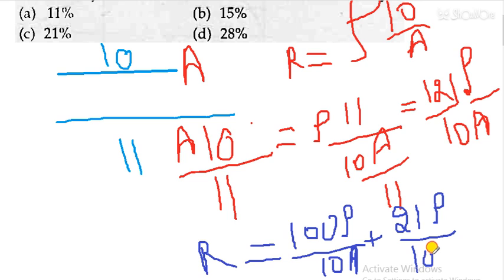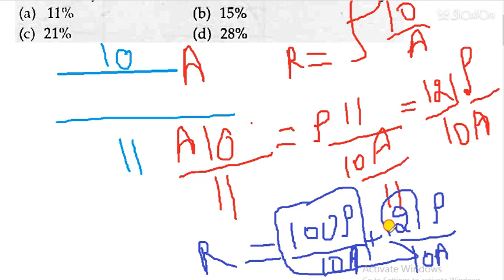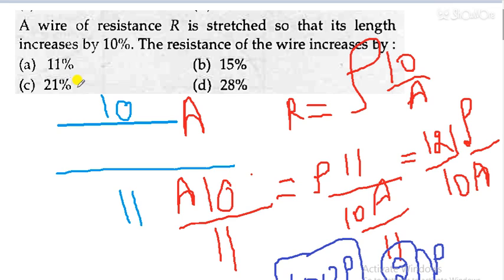So students, you can see here this value is the earlier resistance. So this value increases by 21, so that means a 21% increase is there. So 21% increase will be the answer.